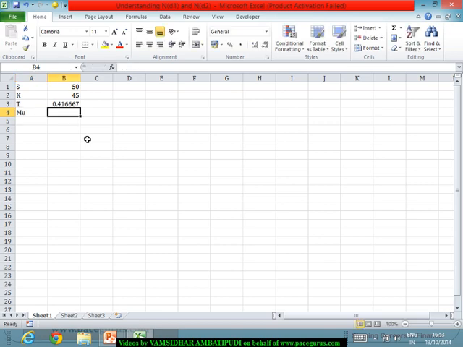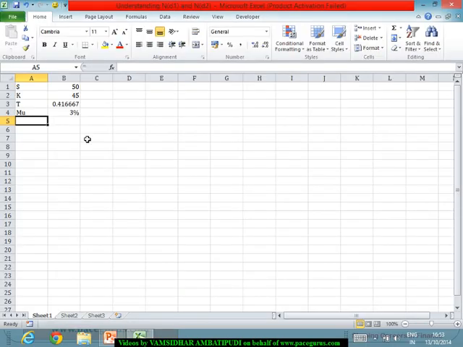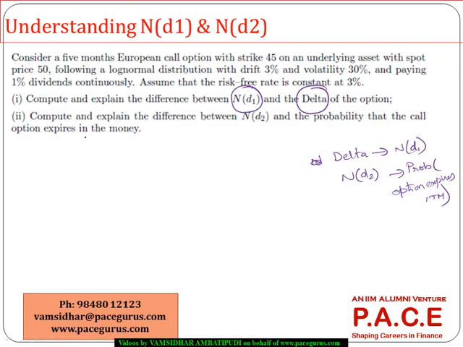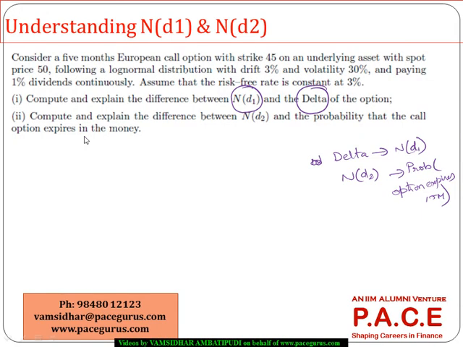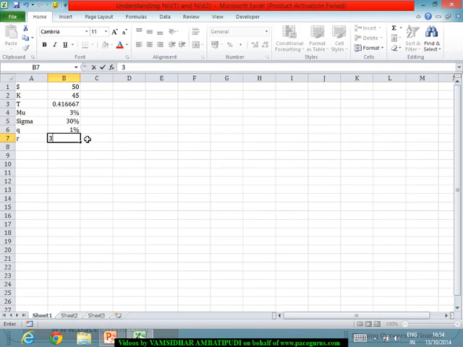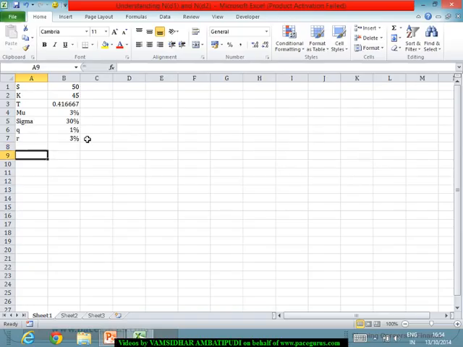So mu, which is the drift coefficient, is 3%. Then volatility sigma is 30%. Paying a dividend continuously, q is 1%, and the risk-free rate of return is 3%.